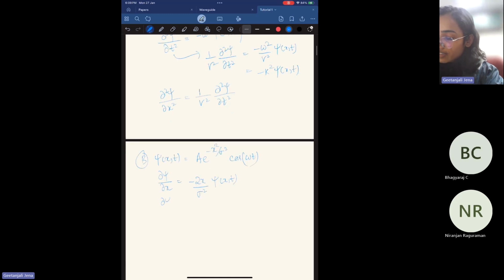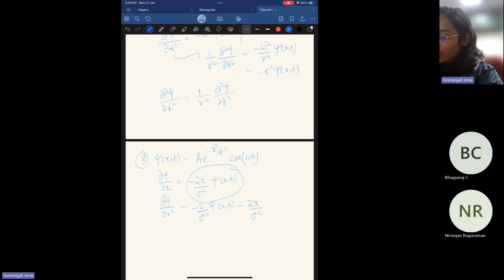And if you take another derivative, it's minus 2 by sigma square psi of x,t minus 2x by sigma square dou psi by dou x, right? And dou psi by dou x, you already know this is this term.